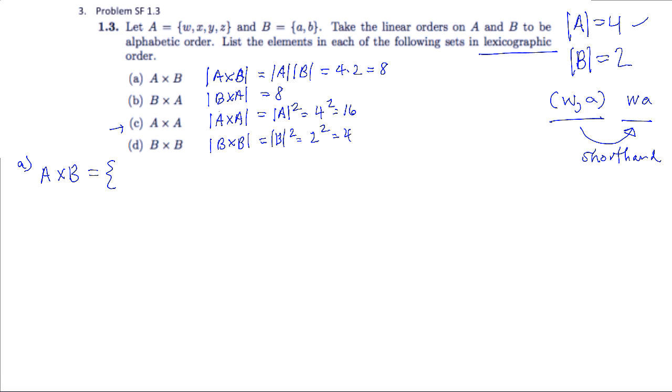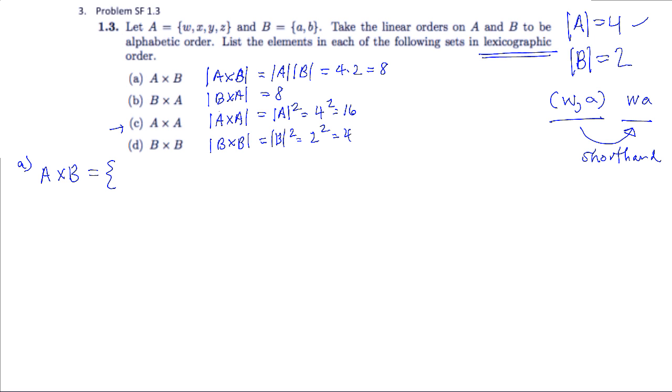A cross B. So I'm going to use lexicographic order. First of all, in order to make lexicographic order, I have to have an order on the sets A and B themselves. And in the first sentence here, it tells us what A and B are, but it doesn't say anything about an order because sets don't have order.